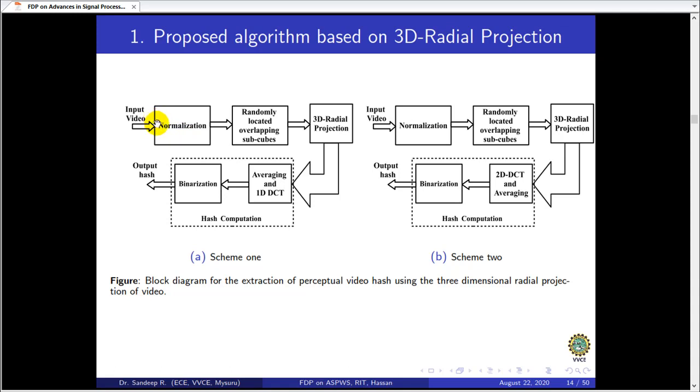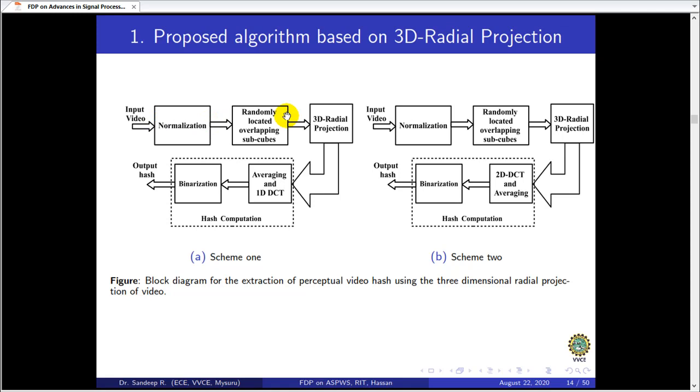We may also have different spatial resolutions and different numbers of frames, and these variations would affect the hash value. Hence, to minimize their effect on the hash value, we normalize both in the spatial direction and in the temporal direction. That is why we consider the video to be a cube after normalization.